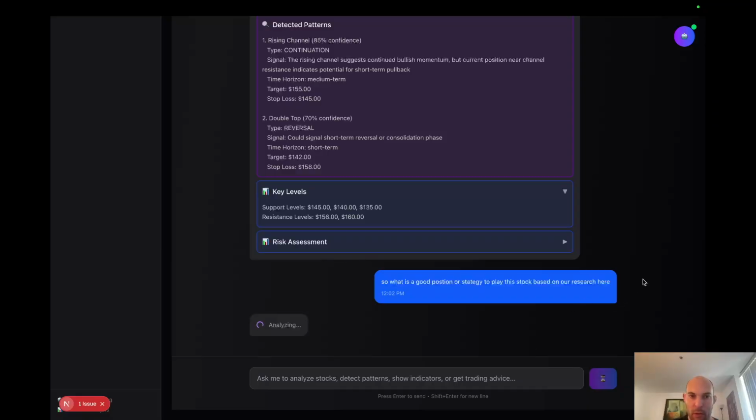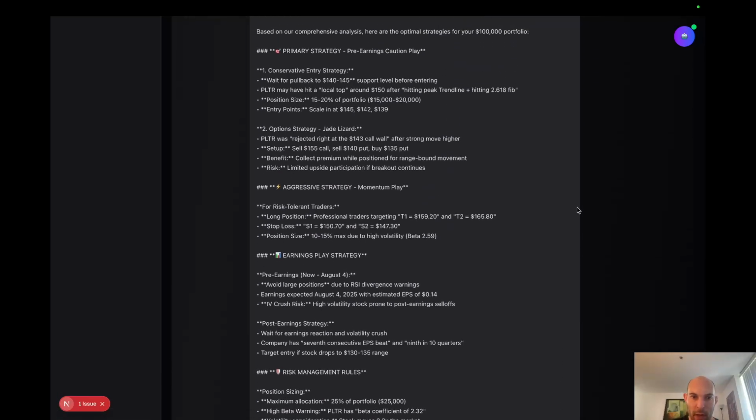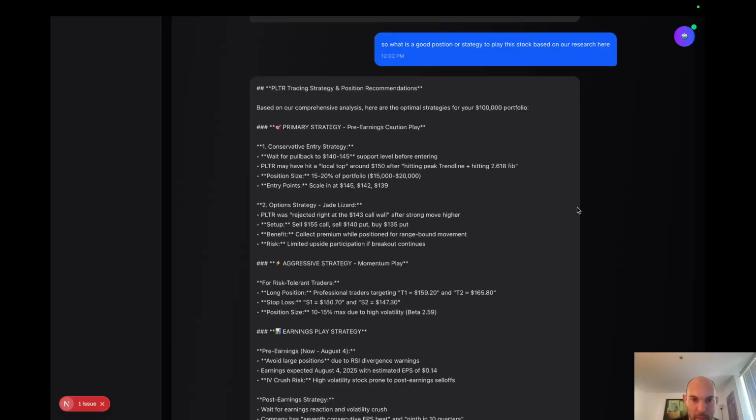It is really slow, but I think I can speed that up later. Primary strategy, pre-earnings caution play, conservative entry strategy, wait for pullback to 140 at the support level.